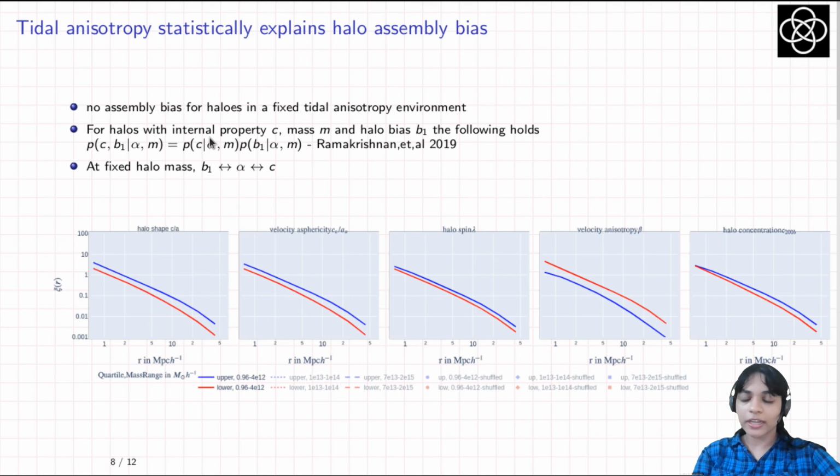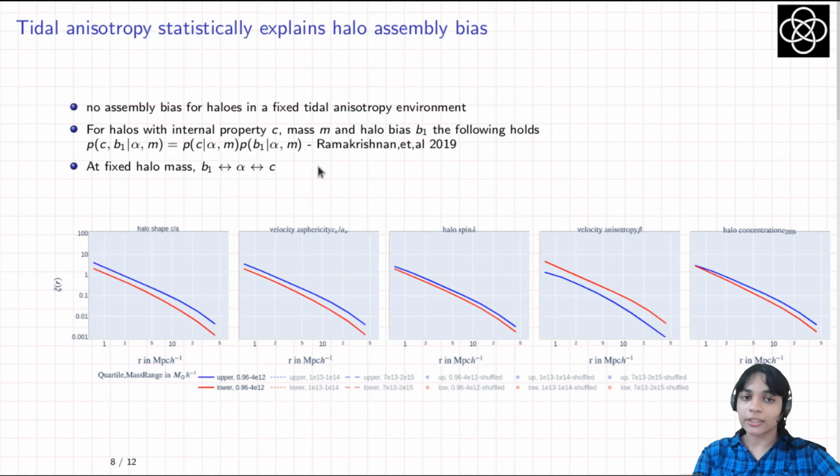If we denote the internal property by C, the mass by M, and halo bias by B1, then the probability distribution of C and B1 shows conditional independence between the halo bias and halo property. That is, the joint probability distribution can be written as the product of their individual probability distributions when conditioned on mass and tidal anisotropy.